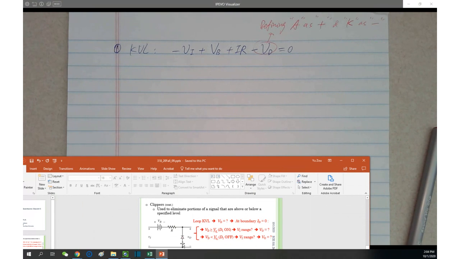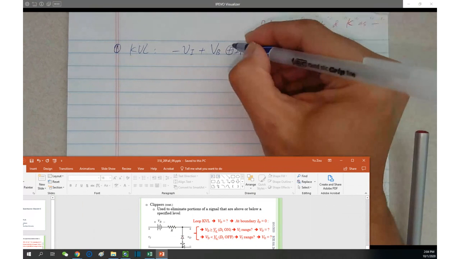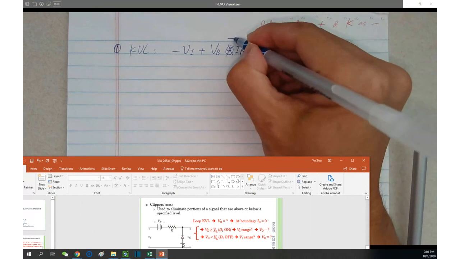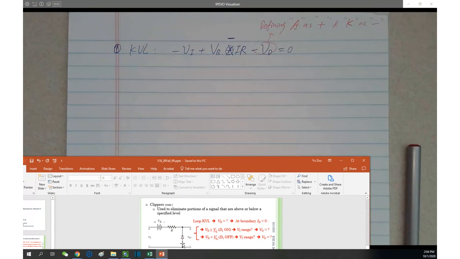Any other one can see what's the mistake? It's a little bit tricky. It's here, actually. Why is that? Because current is flowing the other way due to the diode being flipped. Exactly.